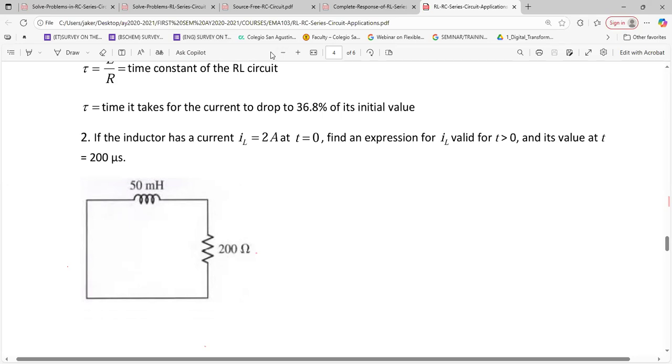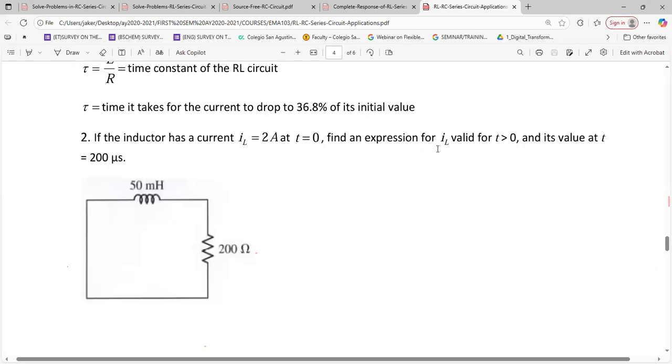Now, let's go to an inductor. You have an inductor and resistor circuit, specifically this time. The current in the circuit initially is 2 amperes. I say initially because the time here is 0. So this I sub L is equal to your I sub O in the previous problem.